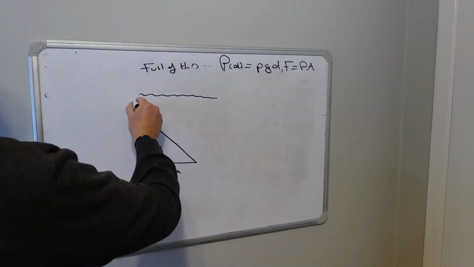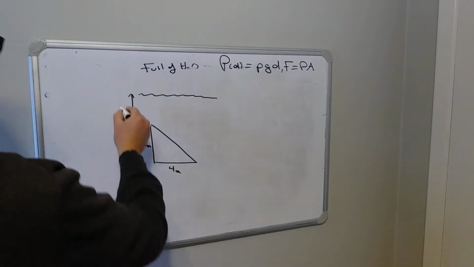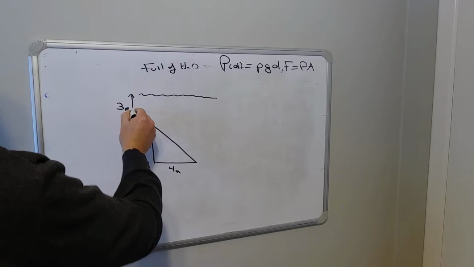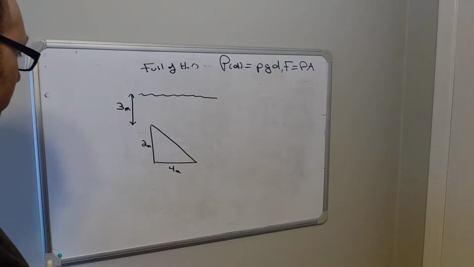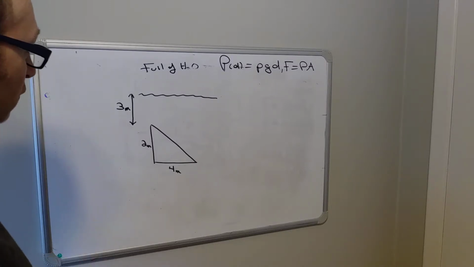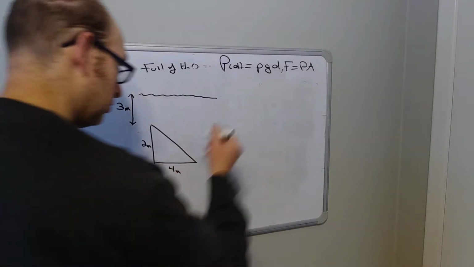Suppose the tip of the triangle is 3 meters below the water level, the surface of the water. Find the hydrostatic force on one side of the triangle.